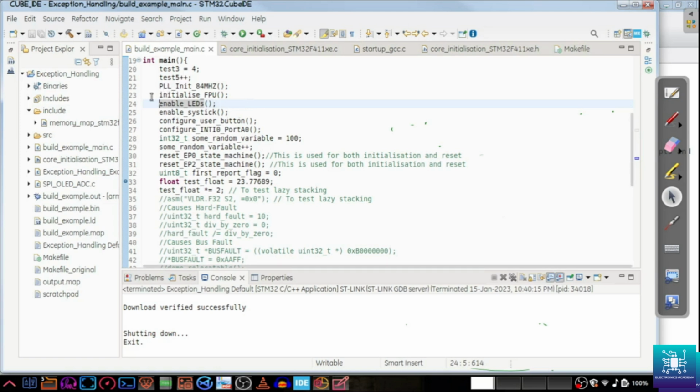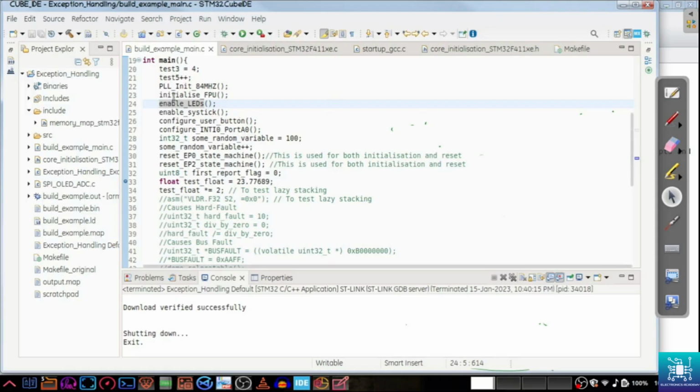So we'll not talk about enabling the LEDs, or about configuring the user button, because these are typical IO operations. So we will only focus on enabling the interrupts for Systick, and in the next section we will talk about configuring the EXTI0. So we will mention it in passing about setting up the ports as they should be, but will not emphasize on them in this case.